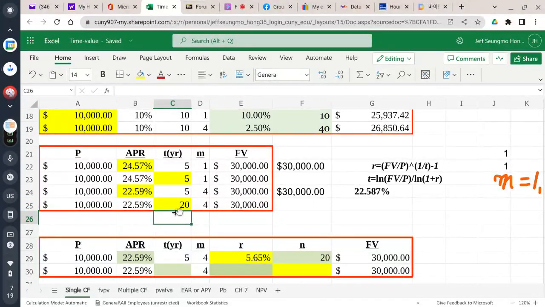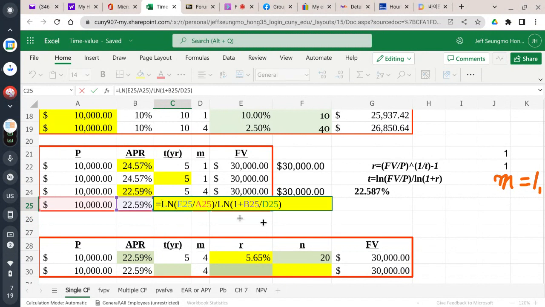So to answer it in years, we only need to what? Divide the whole result, the entire thing, by, then again, D25.